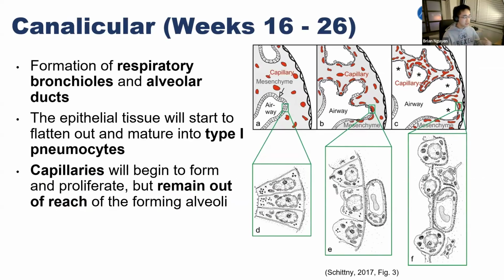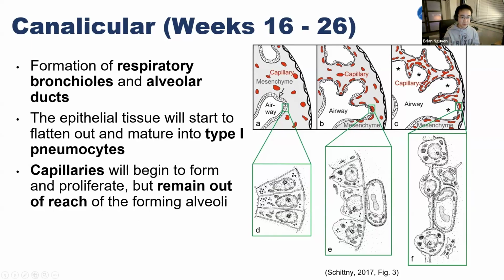You're also going to see your type 1 pneumocytes start to flatten out into that simple squamous-like appearance, really flat like a pancake, giving it a lot of good surface area for respiratory gas exchange. However, it's important to note that the capillaries are out of reach. It doesn't matter if the neonate was producing surfactant at this stage, even if they were breathing, the air just wouldn't get to the capillaries.